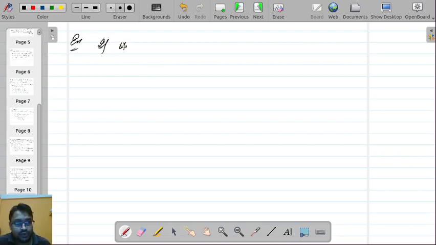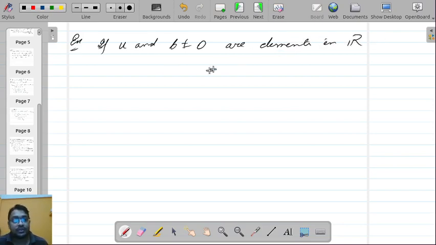If u and b, say b not equal to 0, are elements in R with u into b equal to b, where b is a non-zero element, then u is actually equal to 1.